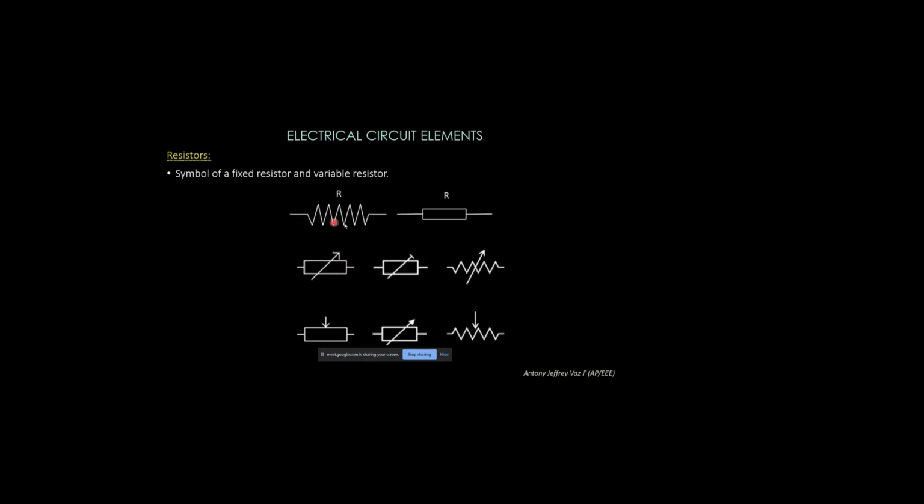This is one terminal and another one is this one. Whereas variable resistors have three terminals, 1, 2 and 3. You can see here also 1, 2 and 3. A fixed resistance has two terminals whereas a variable resistance which can be set manually will have three terminals.